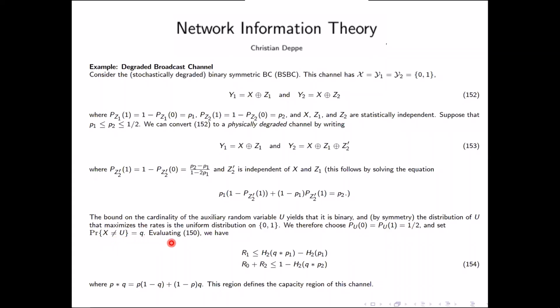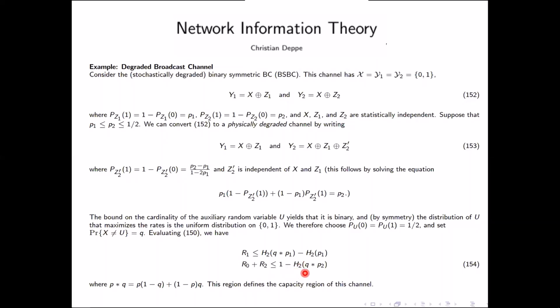Now we can evaluate our formula for the binary degraded broadcast channel that we had before. Again with p star q equal to p times (1 minus q) plus (1 minus p) times q, we have that R1 is less or equal to H2(q star p1) minus H2(p1), and R0 plus R2 is less or equal to 1 minus H2(q star p2), where H2 is the binary entropy.